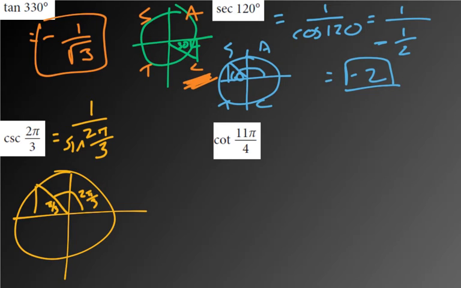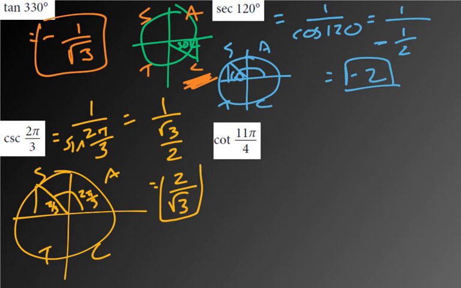So it would be 1 over square root of 3 over 2, right? There's 3 fingers below your pointer finger there, and always over 2 for the sines and cosines. And same thing, all students take calc. It's positive, so I can just write it 2 over root 3, and that's it. The last one here, you can definitely think of this as 1 over tangent of 11 pi over 4.